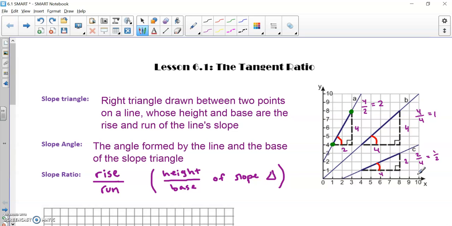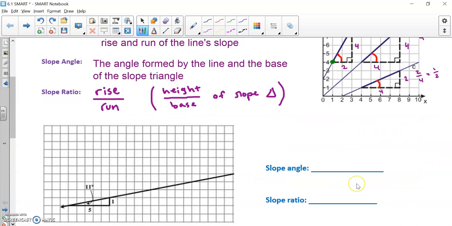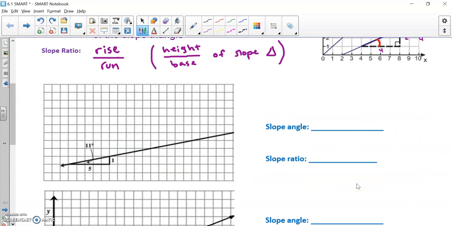Let's look at a couple of slope triangles here and make some observations. We know that the slope angle right over here, as I've told you in the picture, is 11 degrees. The slope ratio, again, is the height over the base of that slope triangle, so in this case it's going to be 1 over 5.